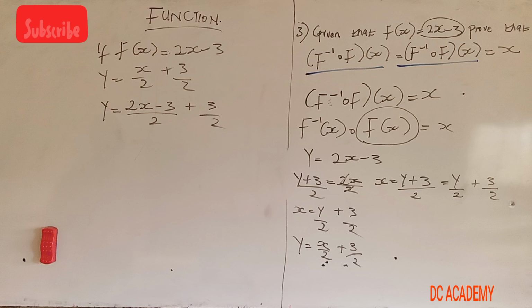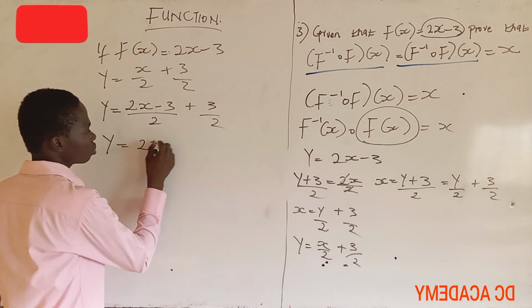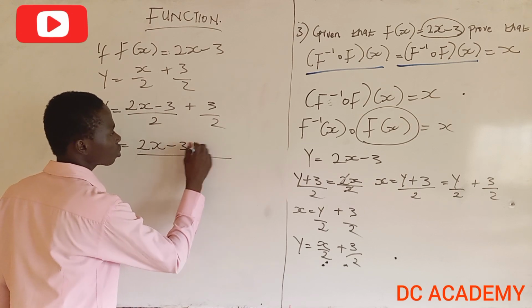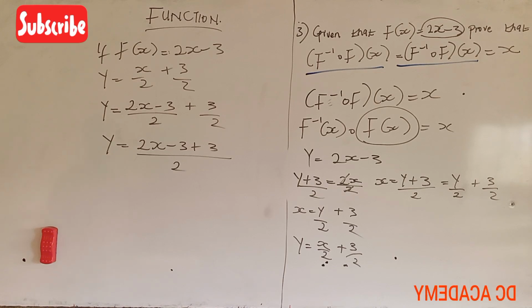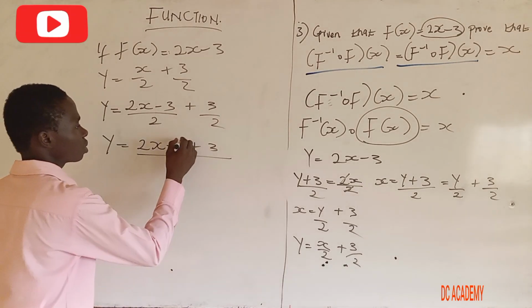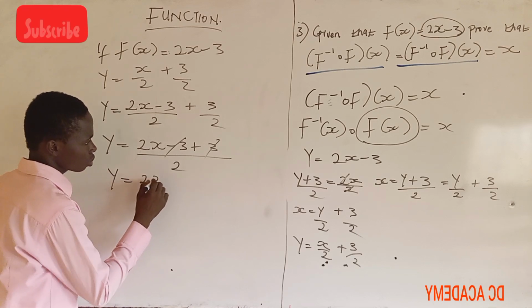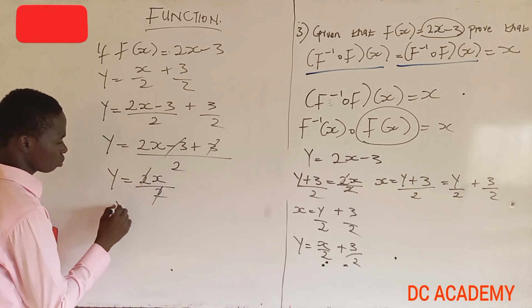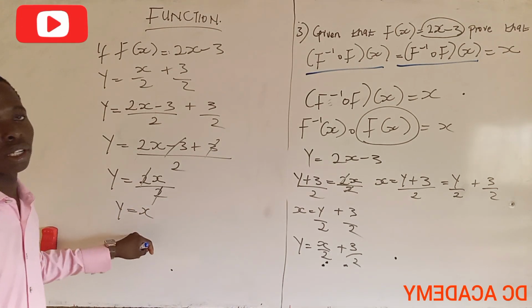You can go further. y is equal to (2x minus 3 plus 3) all divided by 2. And minus 3 plus 3 is 0. We now have y equal to 2x over 2. And when 2 cancels 2, y is equal to x. And we got x here.